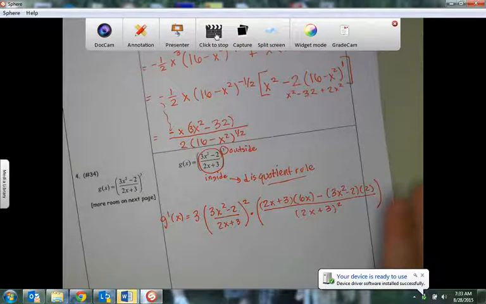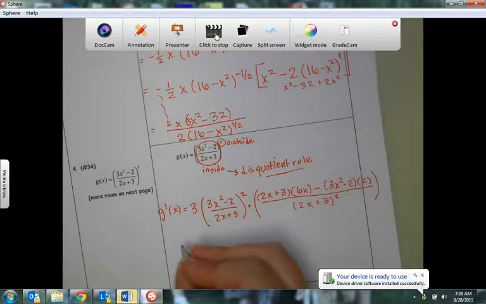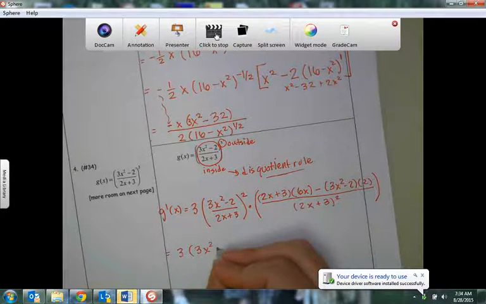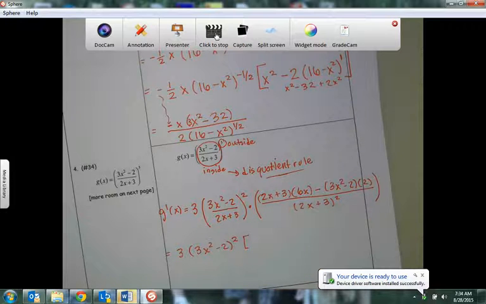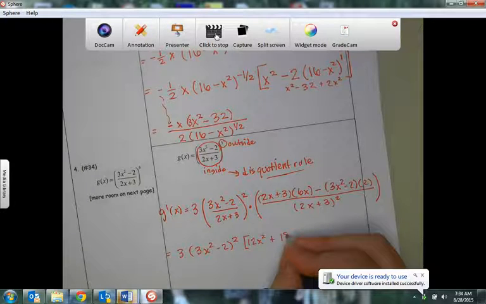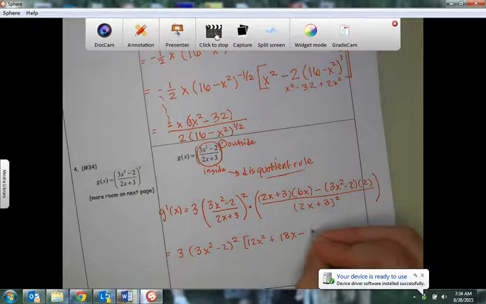And let's clean this up a bit. So I'm going to distribute right here. 12x squared plus 18x minus 6x squared plus 4.